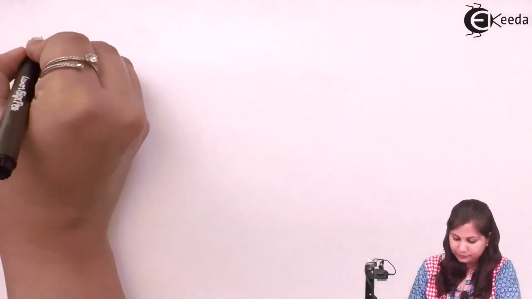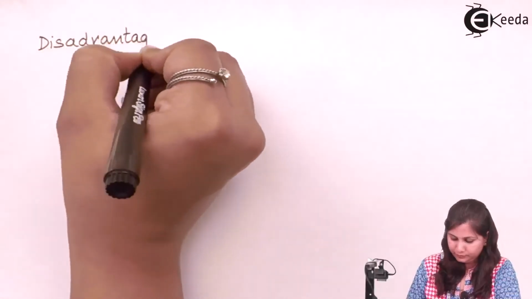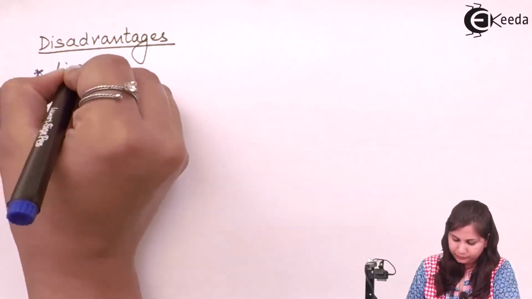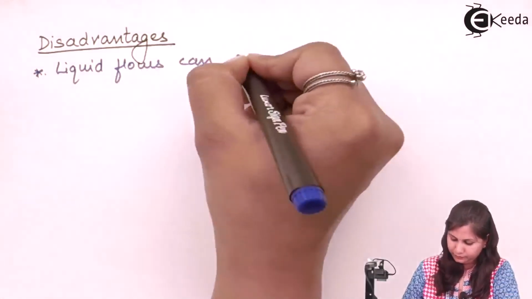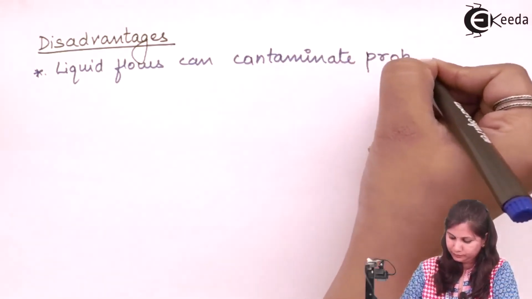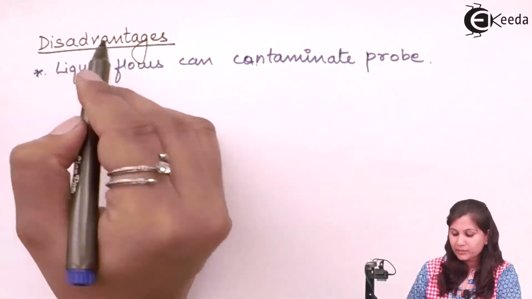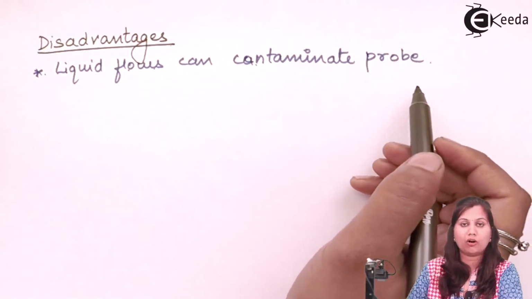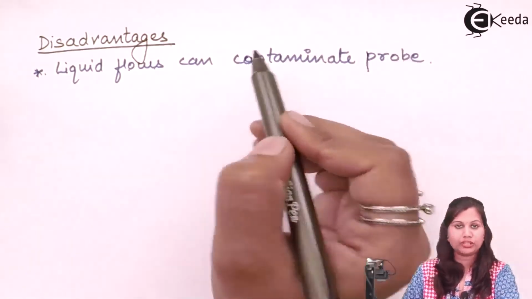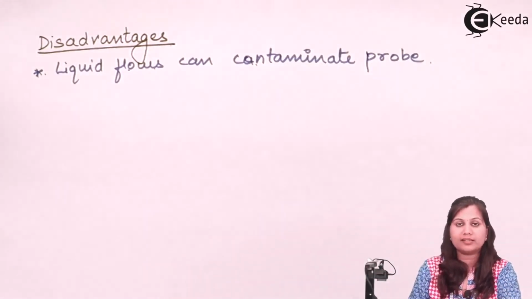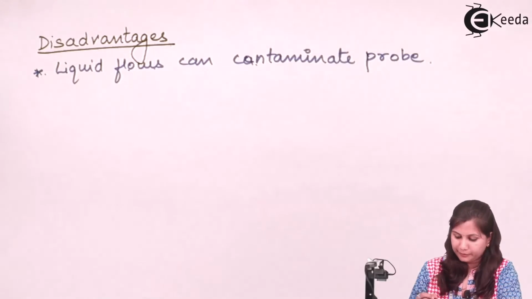Now comes its disadvantages. The first disadvantage is that liquid flows can contaminate the probes of the hot wire anemometers, and due to this contamination the anemometer is going to give us wrong, inaccurate results.